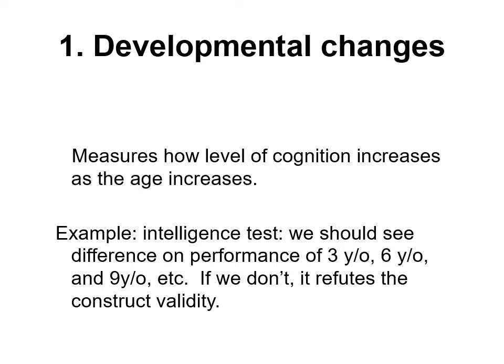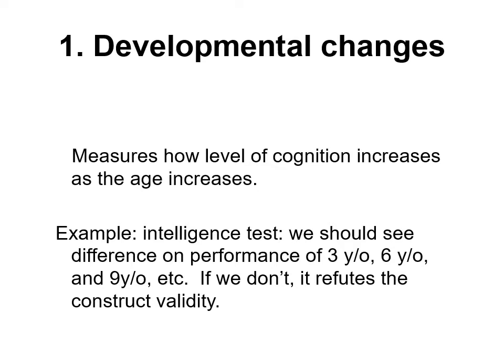Okay, so let's talk about the first one, developmental changes. How do we actually look at developmental change? This is based on the logic that a baby goes from knowing almost nothing to gaining more interaction with the environment, and from there they gain perception of the world, and therefore better cognition over time.